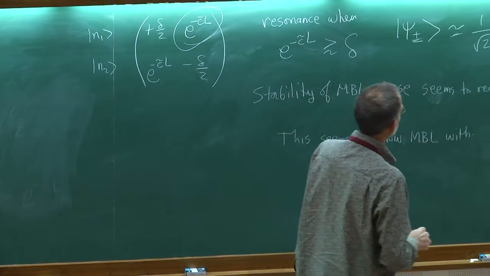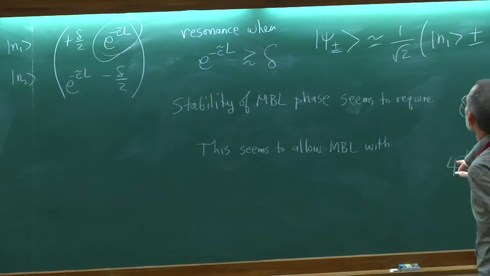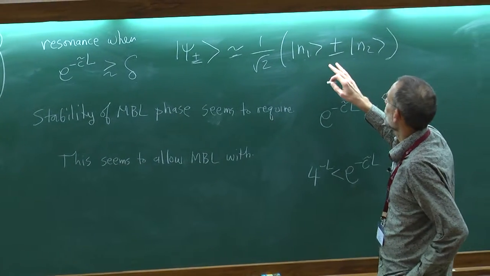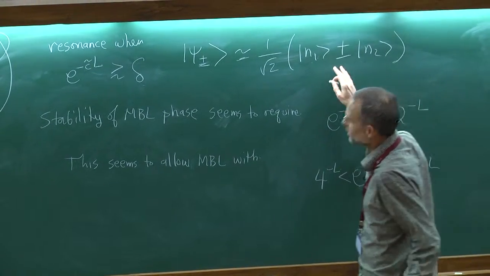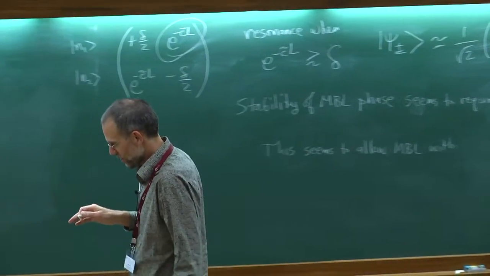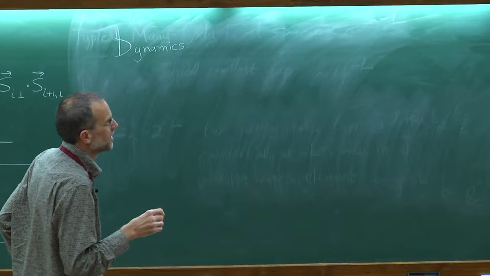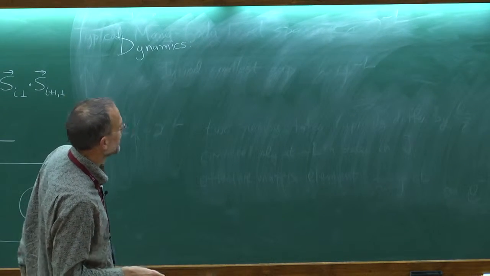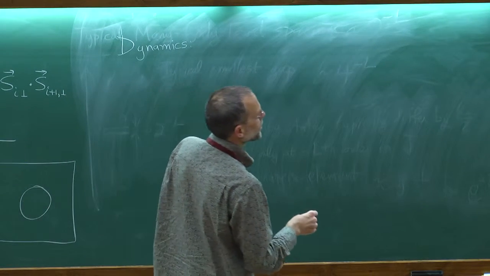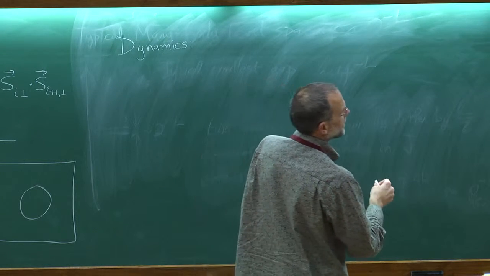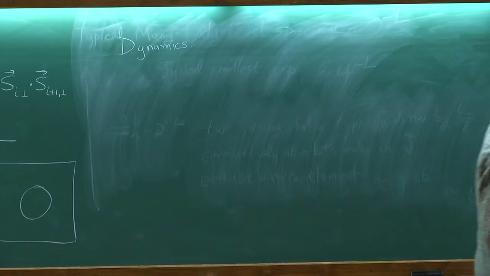And so what that means is you have a matrix element of a local operator. Let me put it this way. We have these two states, N1 and N2.